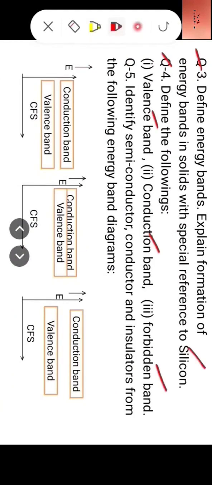Question number 5, identify semiconductor, conductor and insulators from the following energy band diagrams. Question number 6, energy gap between valence band and conduction band for conductor, semiconductor and insulators are given by EC, ES and EI respectively.